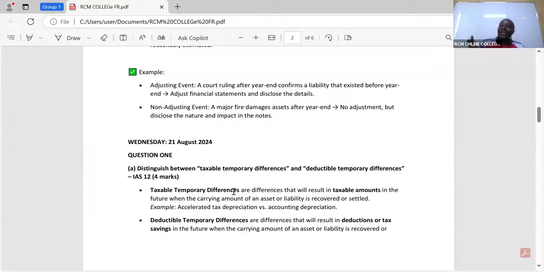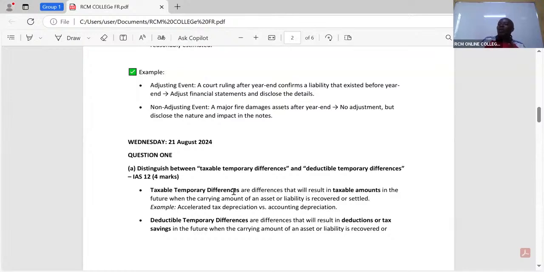If this difference is a gain to you, then automatically you will pay tax on it in future. So that difference will be called a taxable temporary difference. It is different from deductible, because with deductible, you are making a loss which is tax allowable.